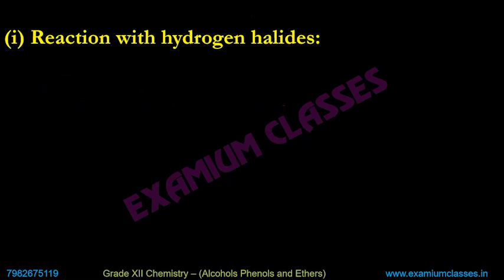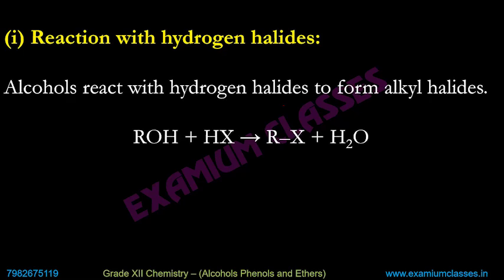First one, reaction with hydrogen halides. Hydrogen halide means HCl, HBr, etc. And this one is very common. X will get attached and this will form H2O. Alcohols react with hydrogen halides to form alkyl halides.